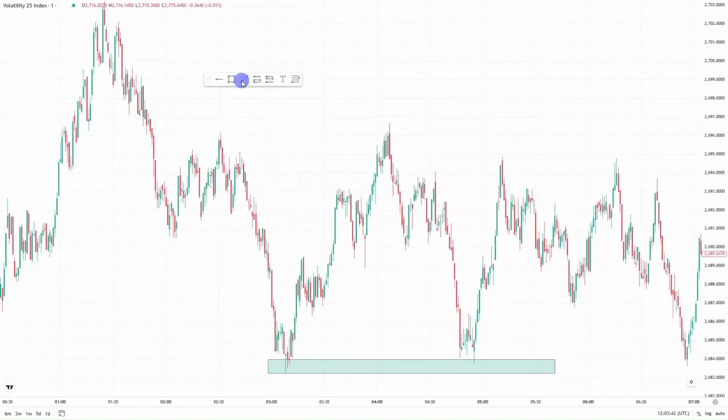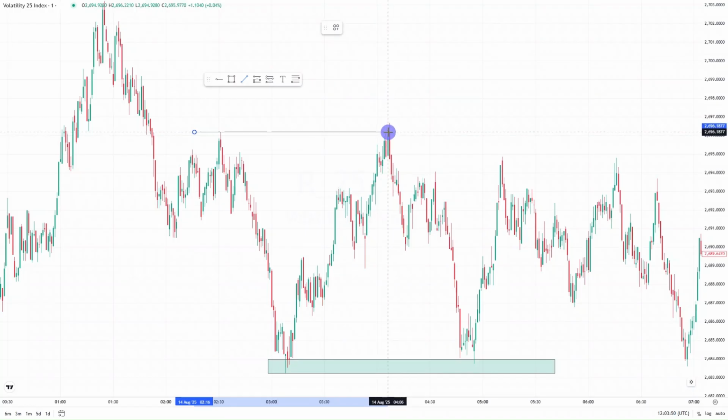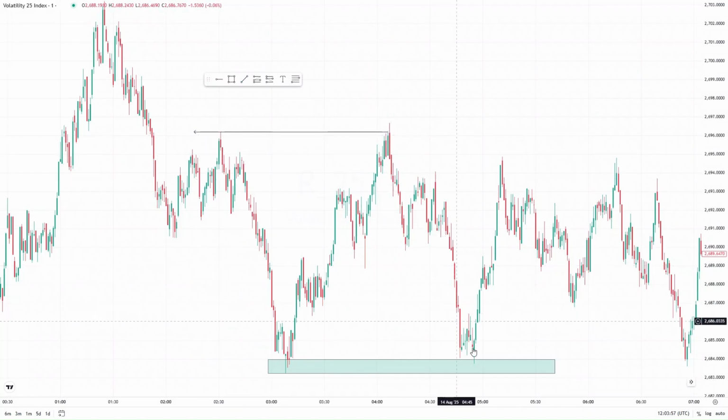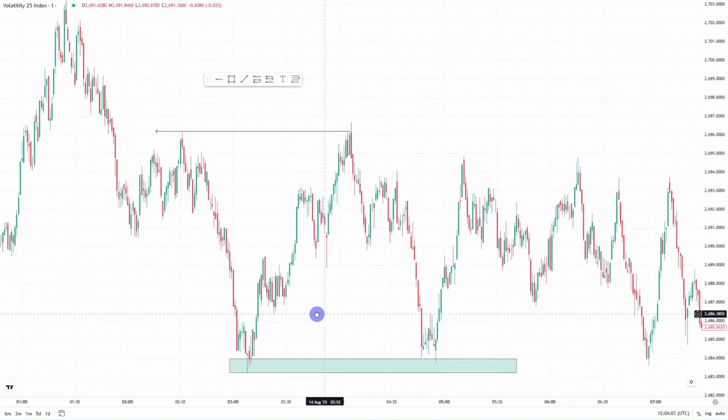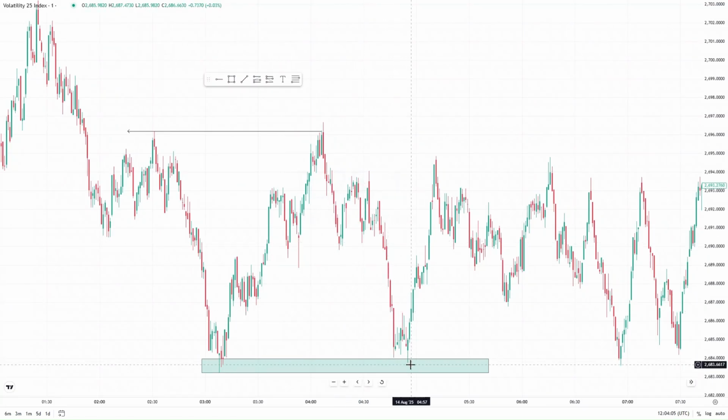Before price went below here, we noticed that price broke that high right there. Price broke that high and then it dropped, and then it couldn't break this zone right here. After that, it went into that zone and then it reversed.